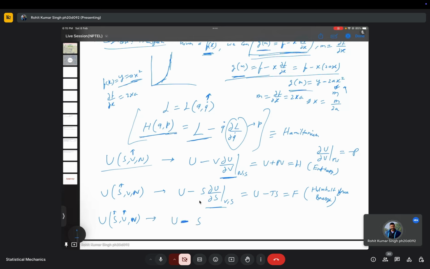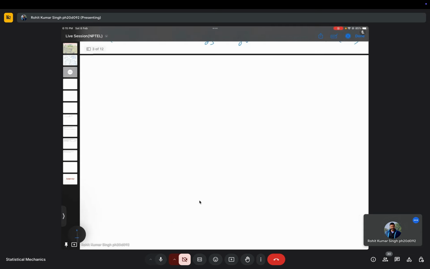So U minus S del U del S minus V del U del V, and you get this, which is called the Gibbs free energy. So these are different potentials in thermodynamics, and they have their own usage, as you will see later.